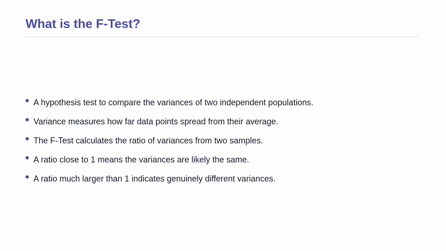The F-test works by taking the ratio of the variances from two different samples. If the two populations truly have the same variance, dividing one by the other should give us a number very close to 1. But if that ratio is much larger than 1, it provides strong statistical evidence that the variances are genuinely different and not just the result of random sampling chance.